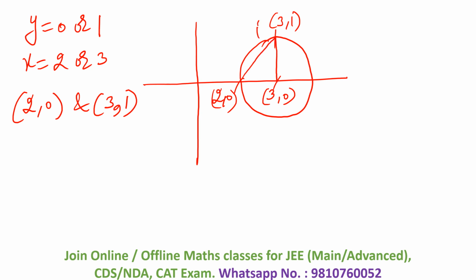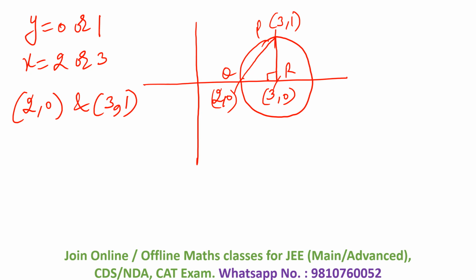Let me call this point as P, this point as Q, and this point as R. So I can say the triangle PQR is right angled at the point R. Right? That means the minor arc PQ is making a 90-degree angle at the center of the circle. So hence it is a quadrant.